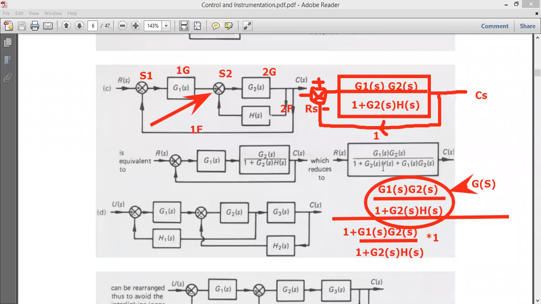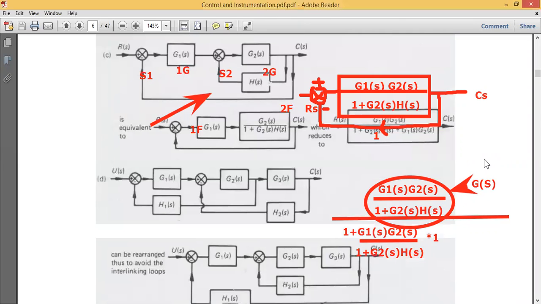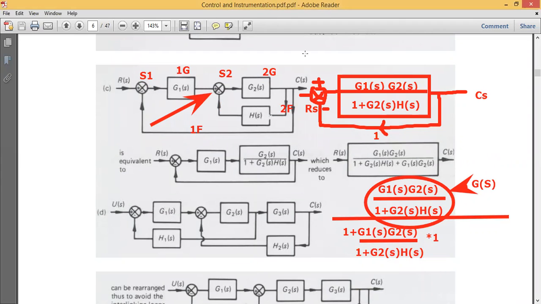So what you should do next is simplify this denominator. If I simplify the denominator, what answer do we get? I will write on the other side how to simplify the denominator.